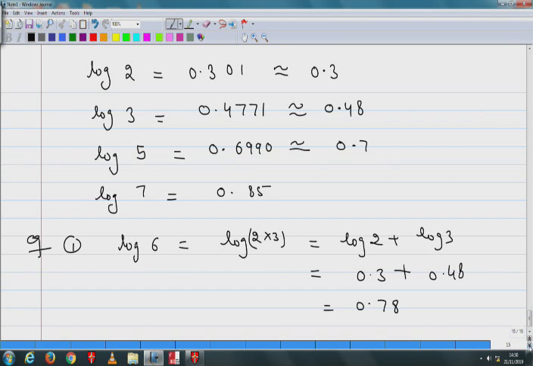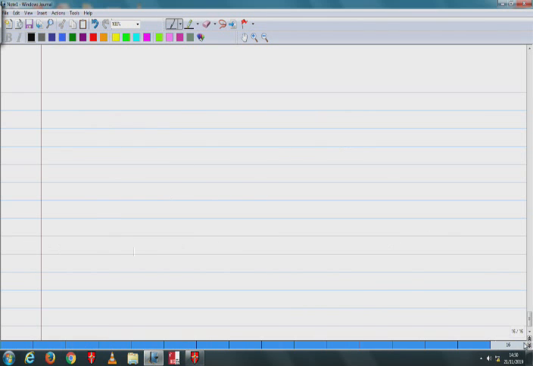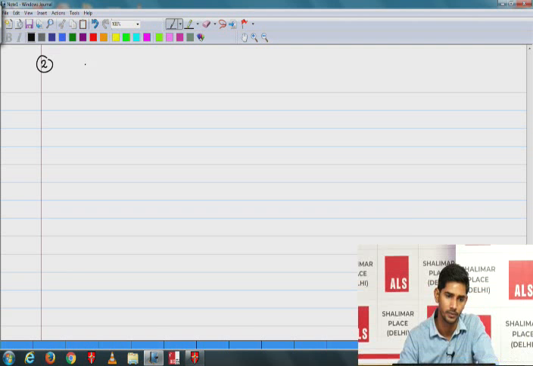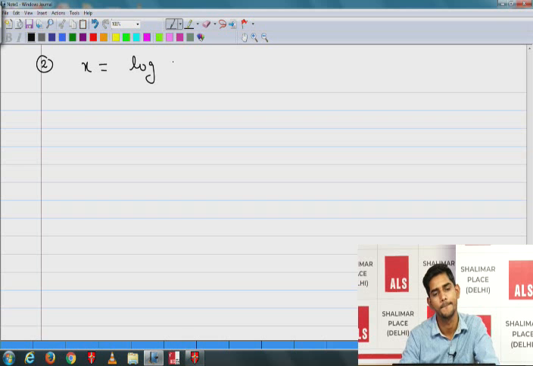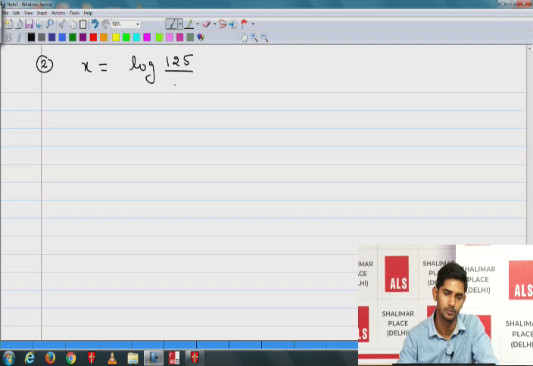Okay, let's move on to the next question. Please do not copy anything, just look at the screen and understand how I'm calculating the logs. Check out question number 2. If I say x is equal to log 125 upon 15.